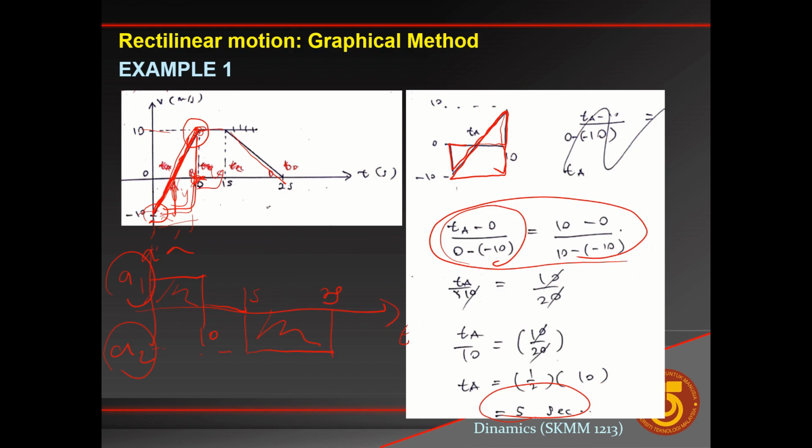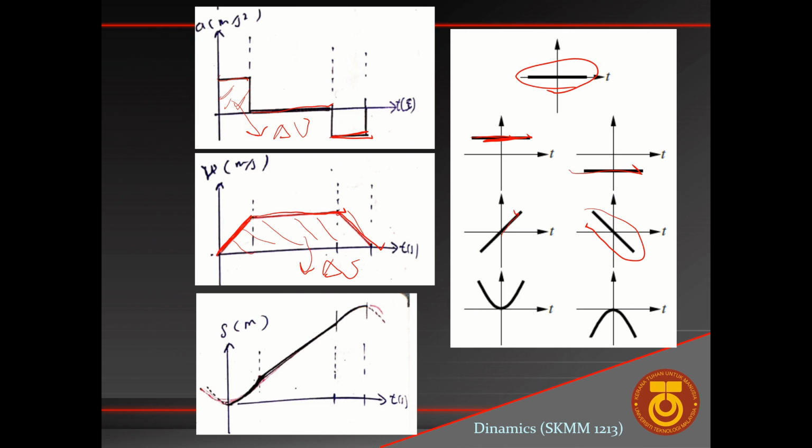So what you need to be able to do is draw the graph from any given one. Let's say you are given V, you need to be able to draw the AT and also ST graphs, and then you will use the graphs: the area under the VT graph will be delta S, the area under the AT graph will be delta V. The area under the graph is between the 0T line and the graph itself.